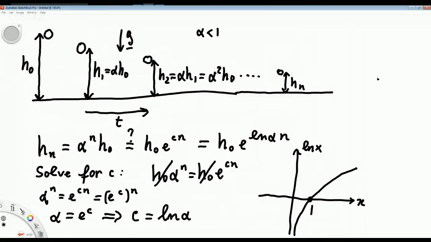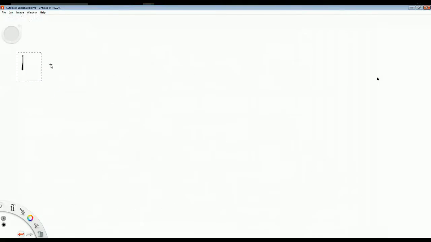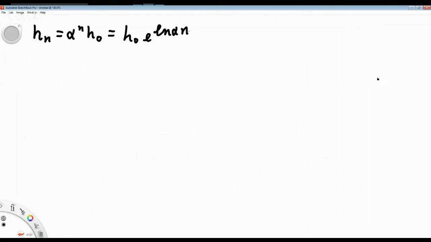So starting afresh, let's just record what we had, and what we had was that hn is equal to alpha to the n times h naught, or if you like, h naught e to the ln alpha times n. Okay, so how far does the ball travel before it stops bouncing?